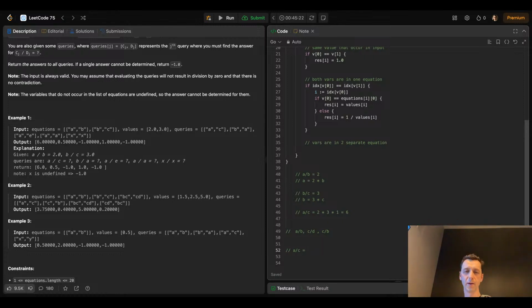So you can start expressing, you need to go to the depth. Yeah, because the target is we need to find what is A and what is C. And they don't directly occur, they occur in multiple places.